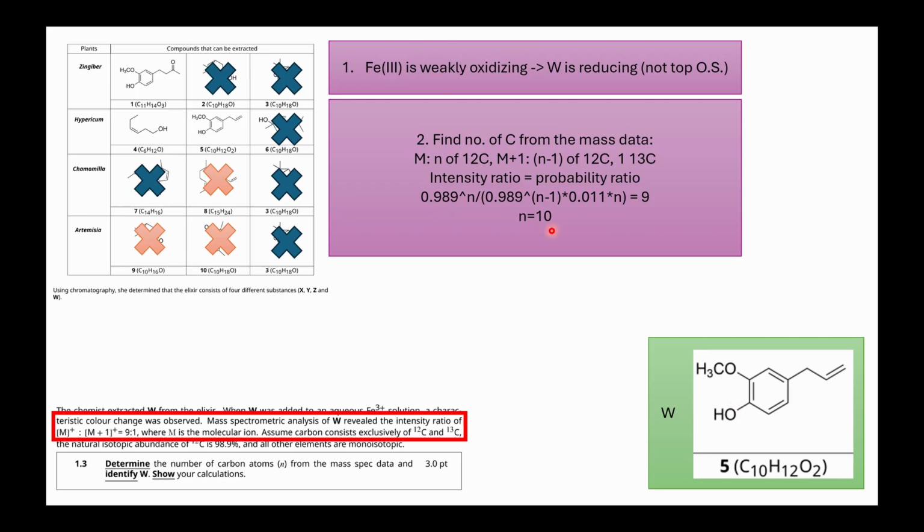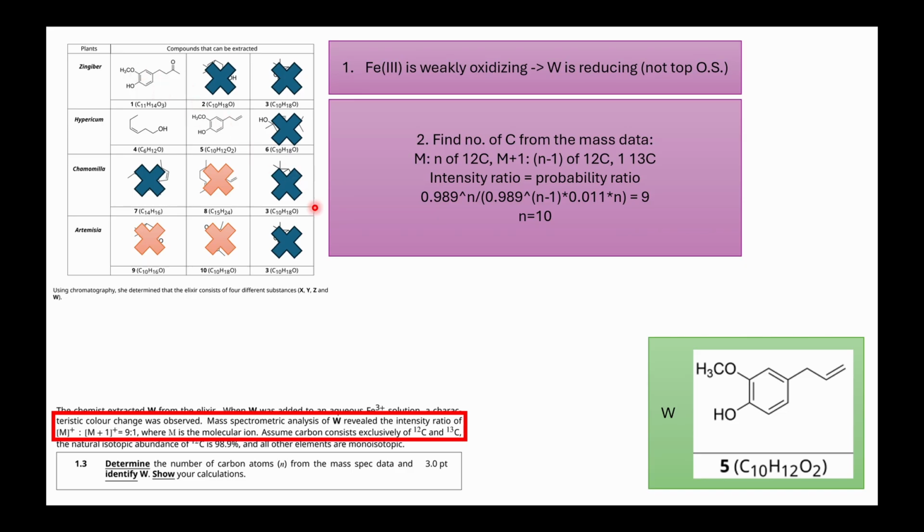Actually, I realized that the role of iron here is not to oxidize. There's a famous reaction between iron 3 plus and phenols, and I just realized that we have two phenols here, so it's not very useful to distinguish between 1 and 5.